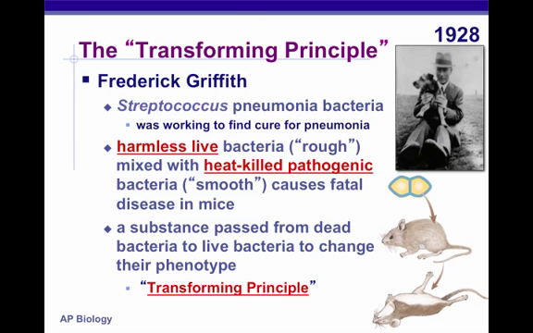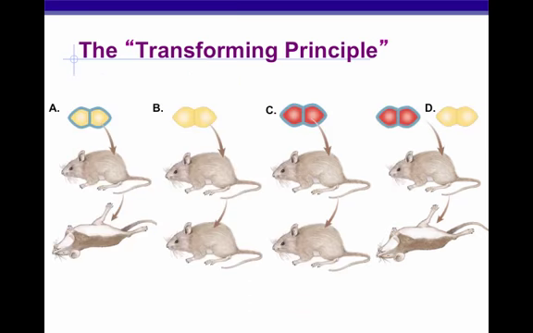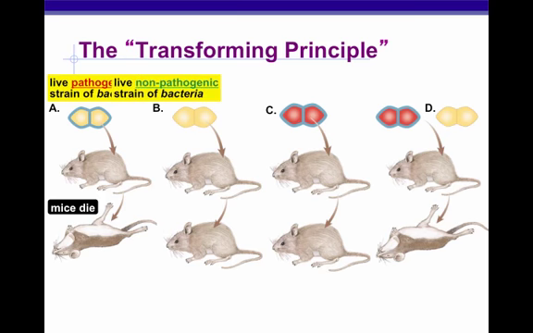We're actually going to do a transformation with some bacteria in a lab as we're learning this. So here is the actual experiment called, again, the transforming principle. If you take a live pathogenic strain of bacteria, the mice die. If you take a live non-pathogenic strain of bacteria, the mice live.